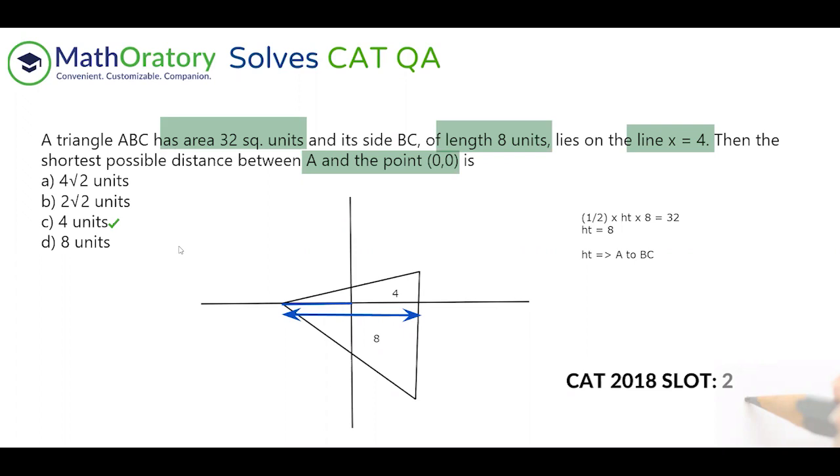Any which way, this is a very simple one. My take will be approximately 1 minute to solve this question, because if you understand this idea, there's nothing to do. You can actually solve this without drawing the diagram as well. You just have to understand that A has to be on the other side, and the height from A to BC has to coincide with the x-axis.